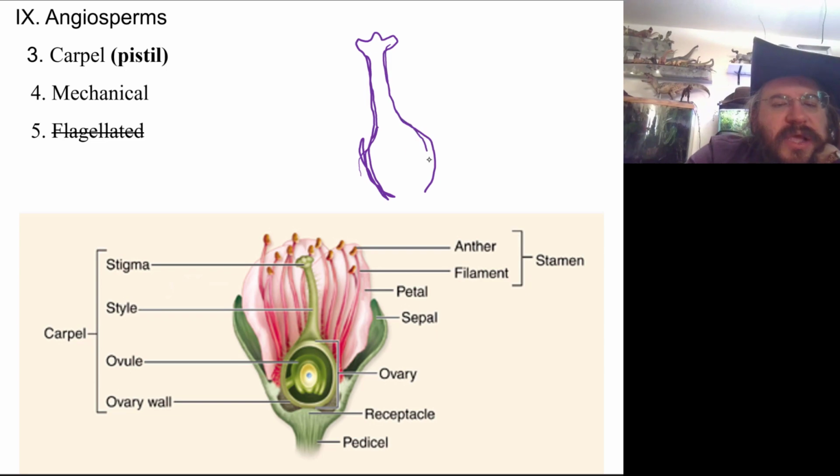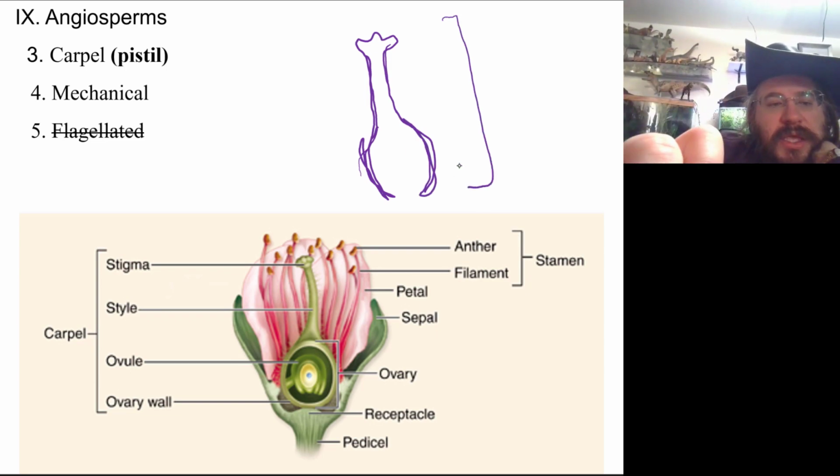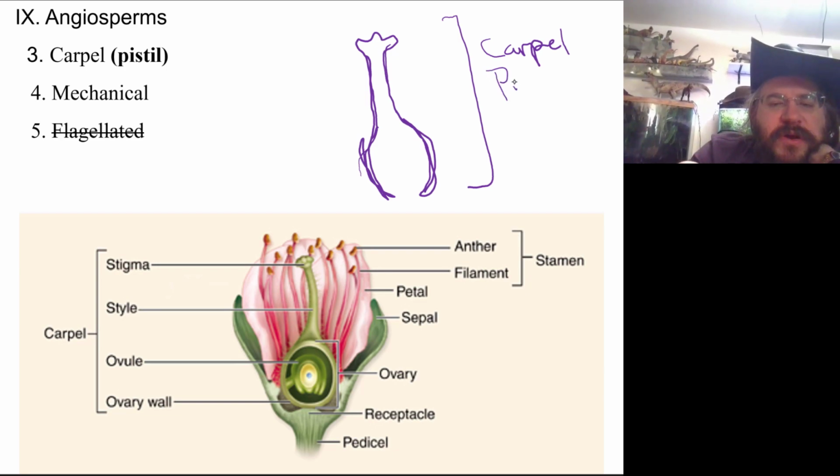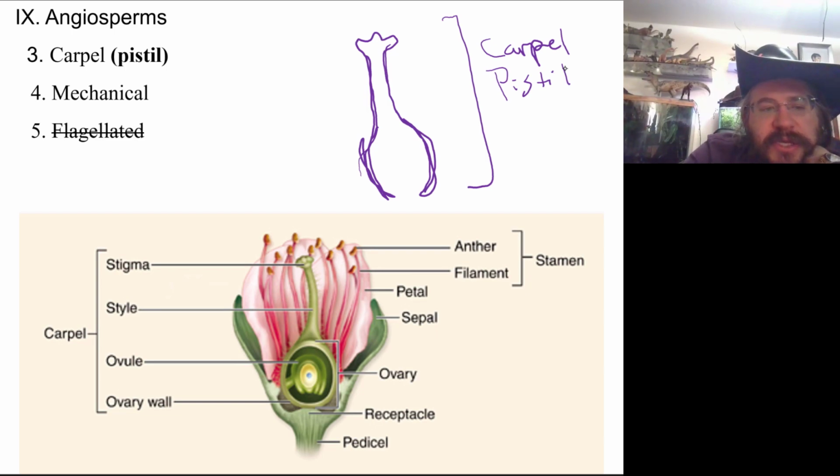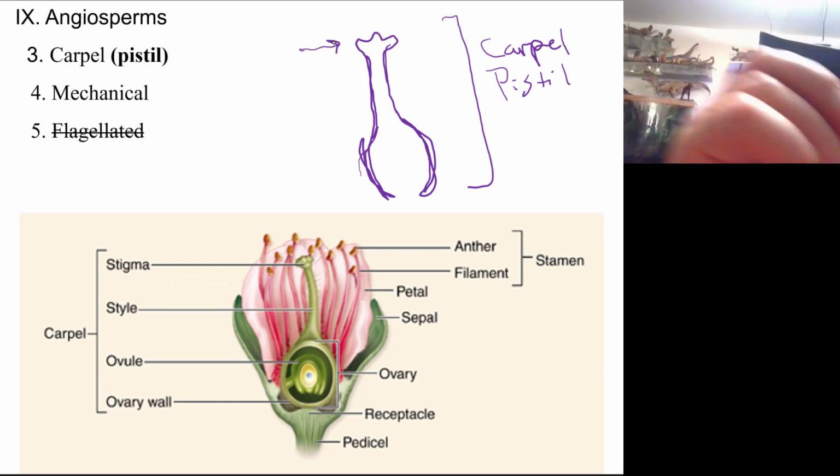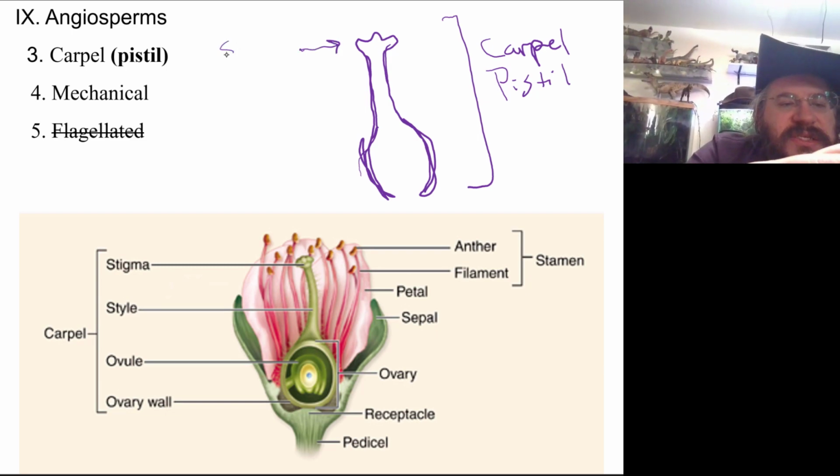Okay. So this whole thing is a carpel. Fun times, though, it's also referred to as a pistil. So, good times. First off, we have the actual site of pollination, the stigma.